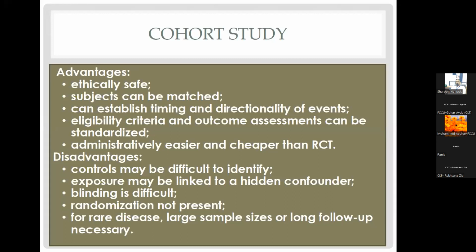One of the longest cohort studies is the happiness study, or there is a twins study that is running for I think almost 80 years now, where they recruited twins when they were born, and they are following them even today. They are ethically safe. Subjects can be matched, like in the twins study, they have matched subjects who are genetically very similar to each other, or their historical backgrounds are the same.